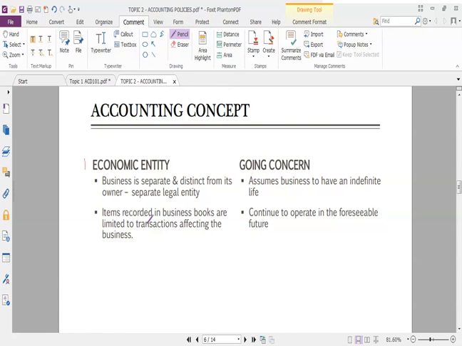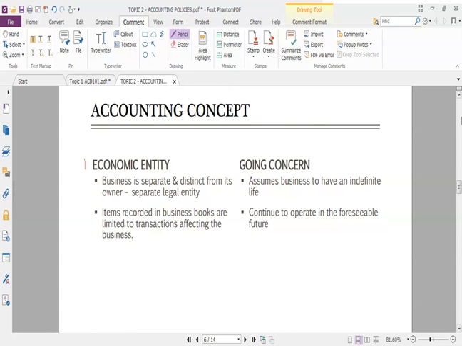If you are the owner of the business, you are not supposed to take money from your business and use it for personal purposes. That is not correct in the accounting concept. That is economic entity.